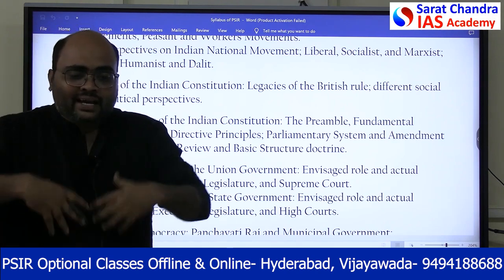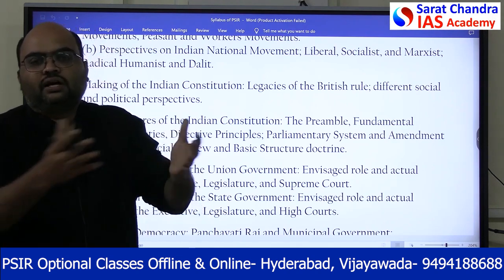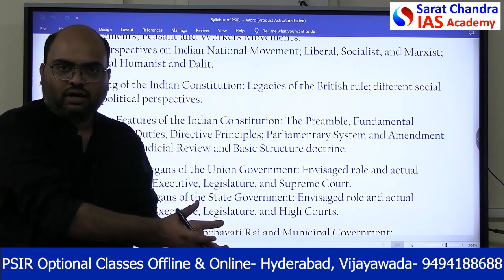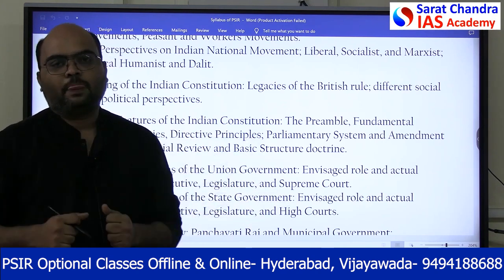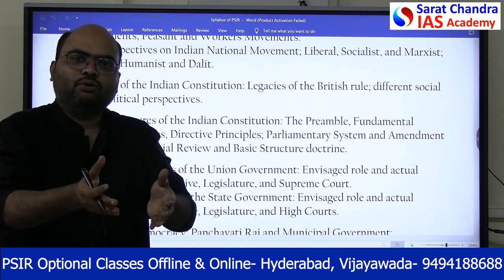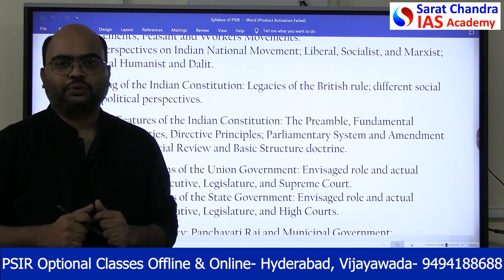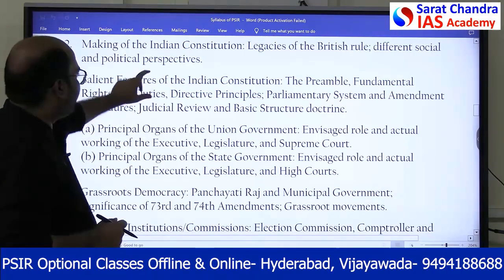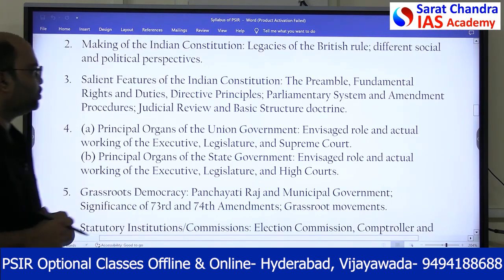Along with these, what Indians wanted from their own constitution, for example, Motilal Nehru's committee report. M.N. Roy made efforts to prepare a constitution for India, and Ambedkar made an effort before he became a member of the Constituent Assembly. So these are all studied, along with the different perspectives expressed in the making of the Indian Constitution.